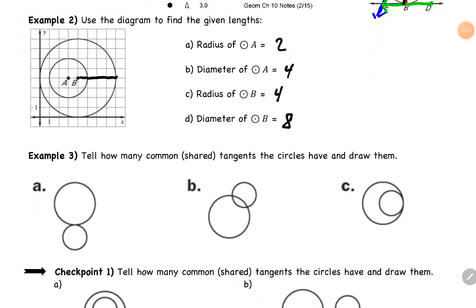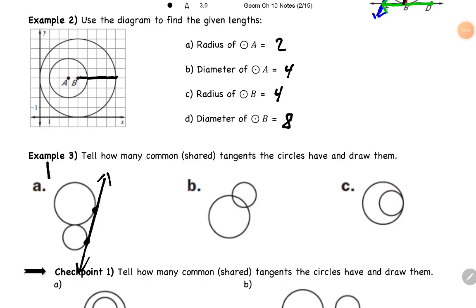Example 3. Tell how many common or shared tangents the circles have and draw them. So a shared or common tangent is a line, segment, or ray that is tangent to both circles at the same time. For example, if we did something like this, that would be one common tangent, or one shared tangent.